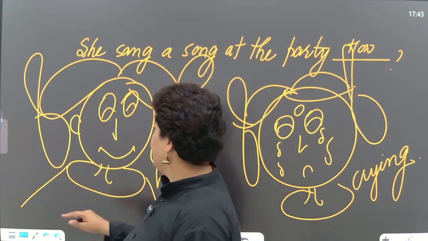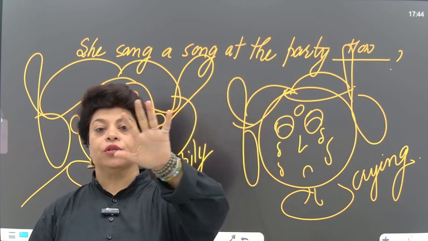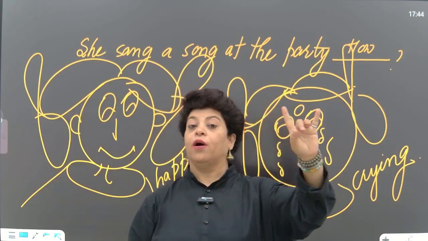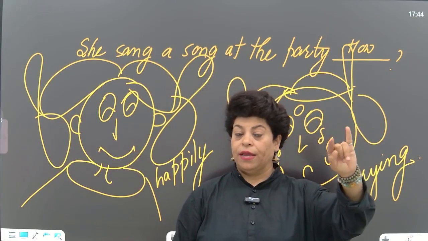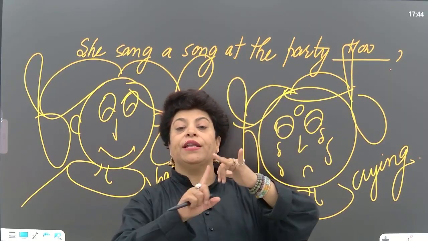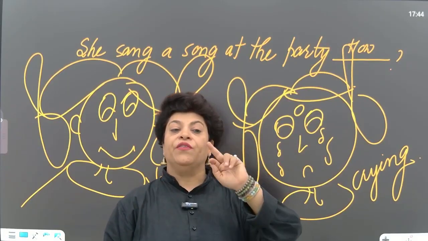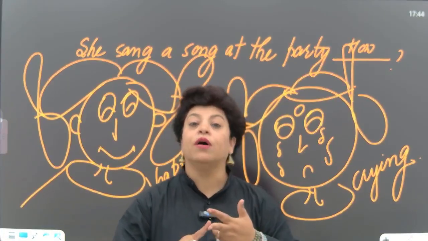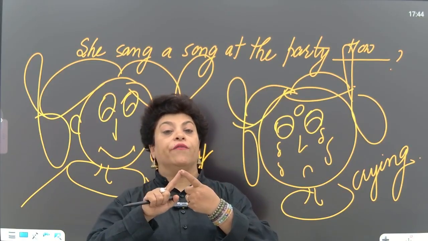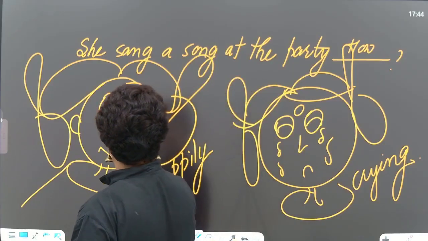This clearly indicates the manner of doing the work, hence leading to adverb clause of manner. So what three have we done? First of all, we did adverb clause of place. It tells us where the place is. Second is adverb clause of time. It indicates what time we are talking about. Third is adverb clause of manner, which indicates how the work was being done. Hence leading to adverb clause of manner, right?